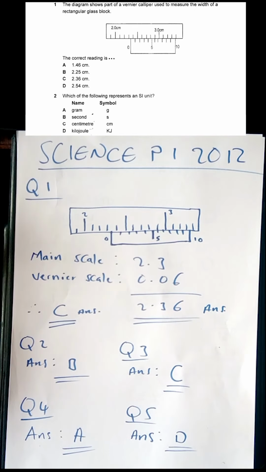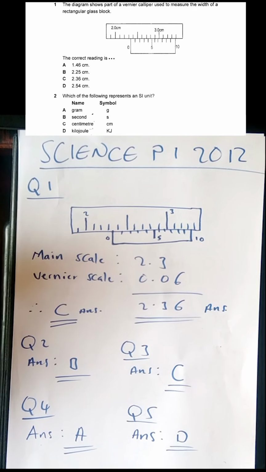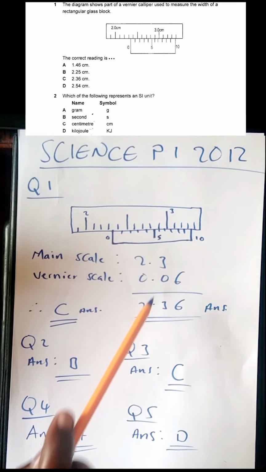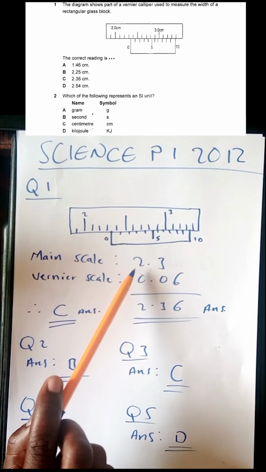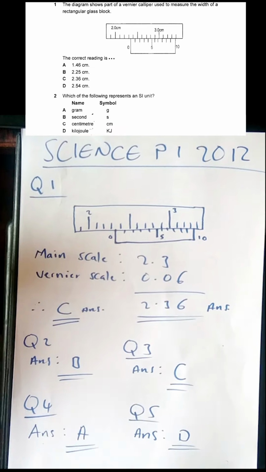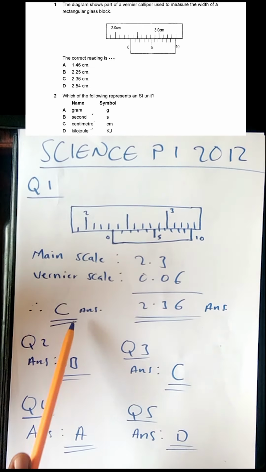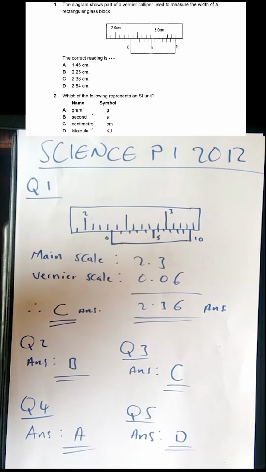The reason why we are dividing it by 10 is because the accuracy of a vernier caliper is 0.1. So 0.1 is more like 1 over 10. So we divide it by 10 to get 0.06. So this 0.06, we add it to 2.3, you are getting 2.36 as your answer. We look it up. Where is that answer? That answer is on option C. So the first answer is C.